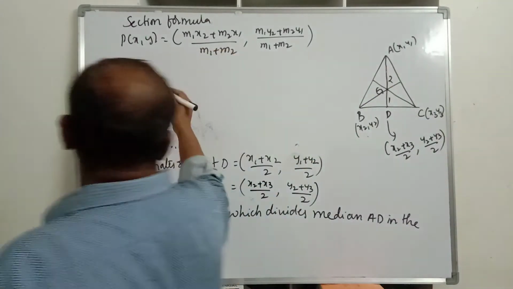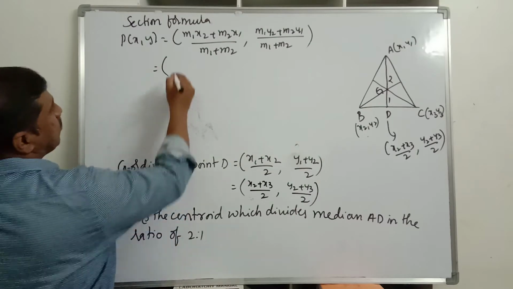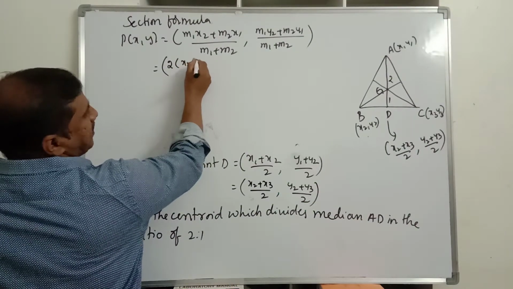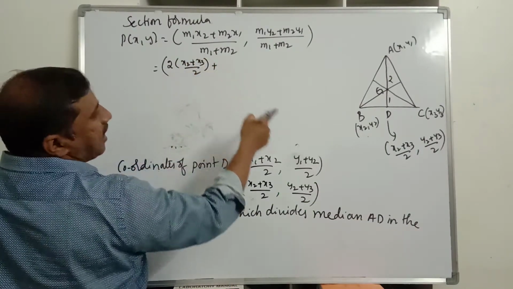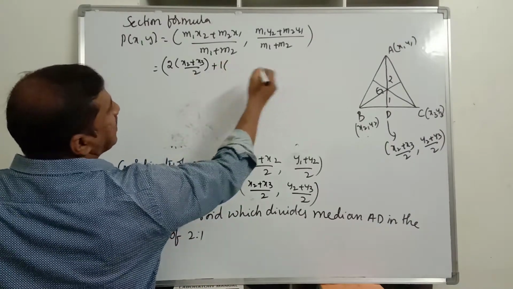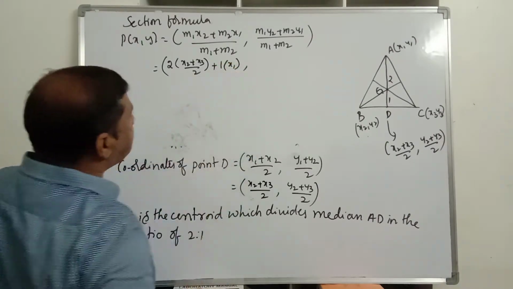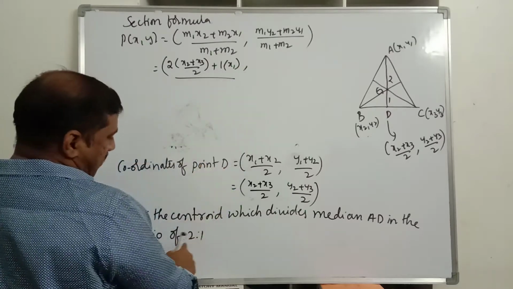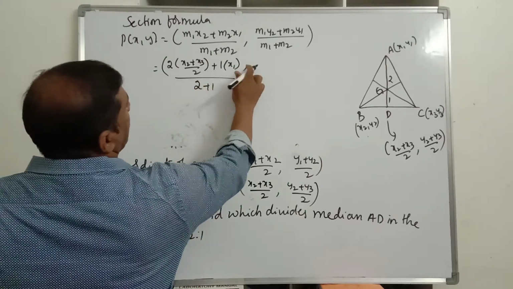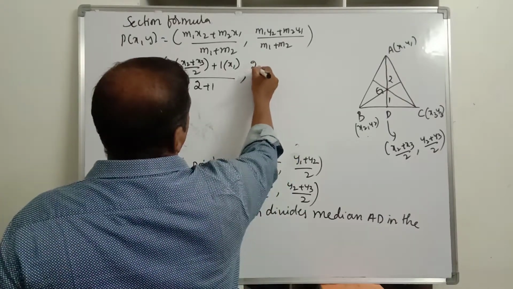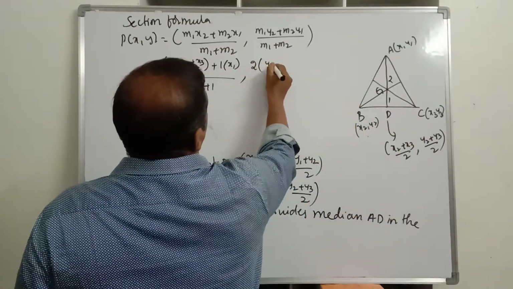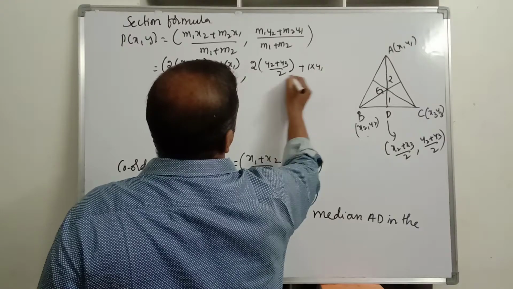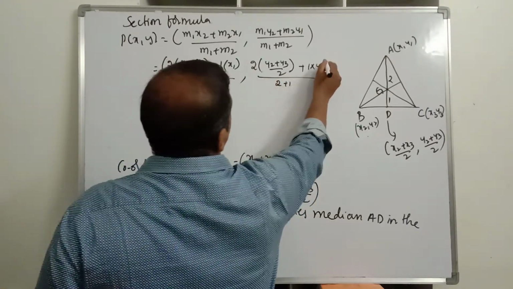Now apply the section formula. P is equal to m1 which is 2 into x2 plus x3 by 2, plus m2 which is 1 into x1, divided by m1 plus m2, which is 2 plus 1, comma then again 2 into y2 plus y3 by 2 plus 1 into y1 divided by 2 plus 1.